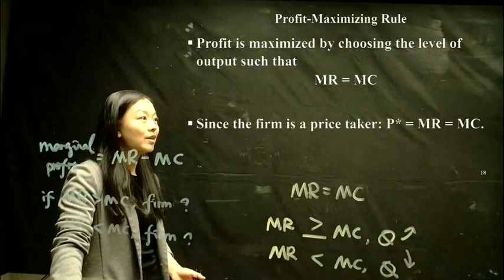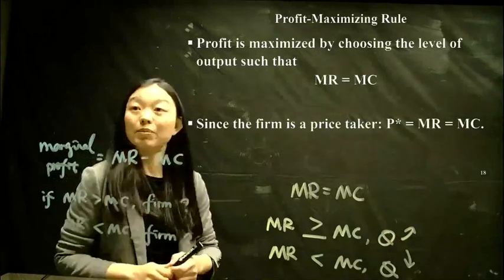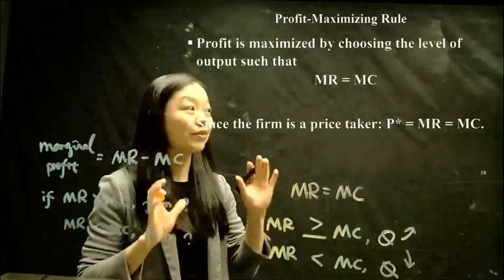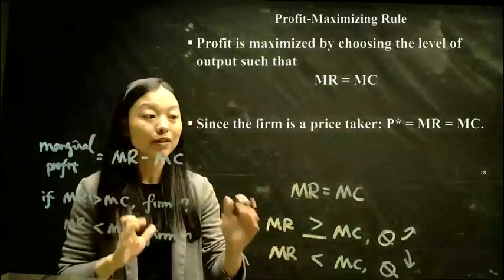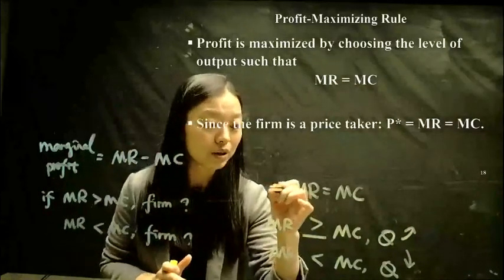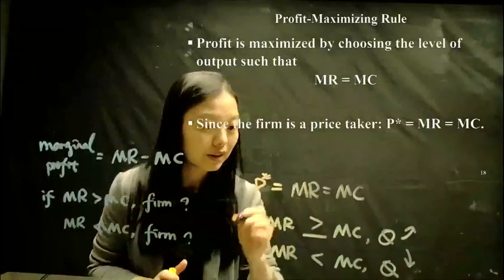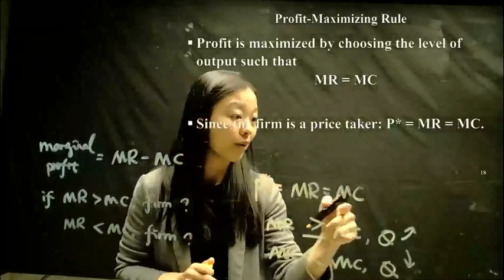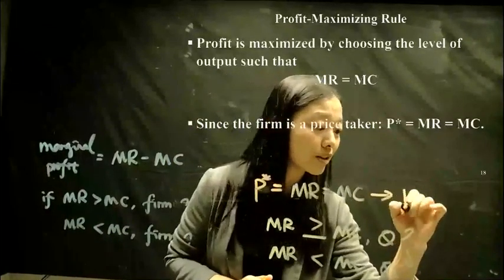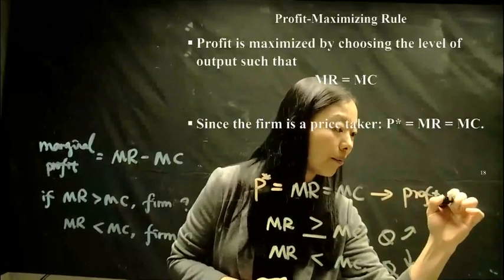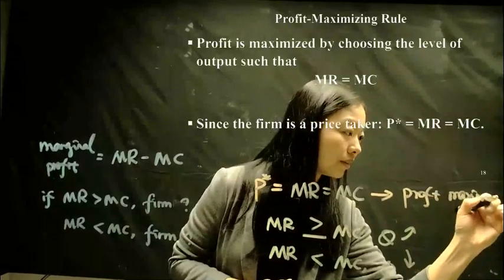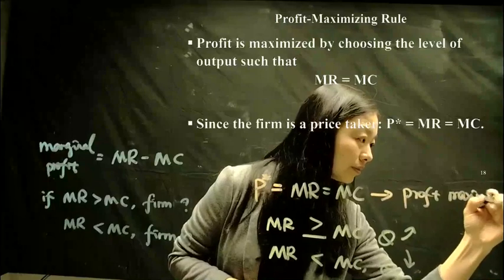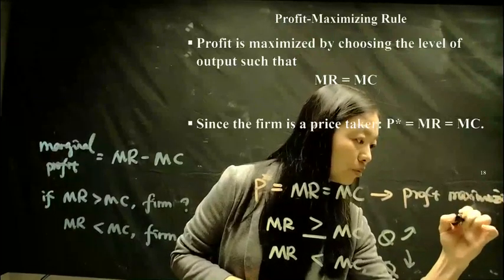So since the firm is just the price taker in a perfectly competitive market, we can put market price equal marginal revenue equal marginal cost as the profit maximization rule.